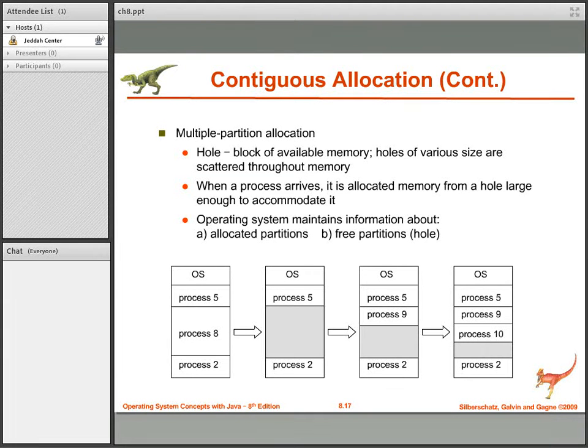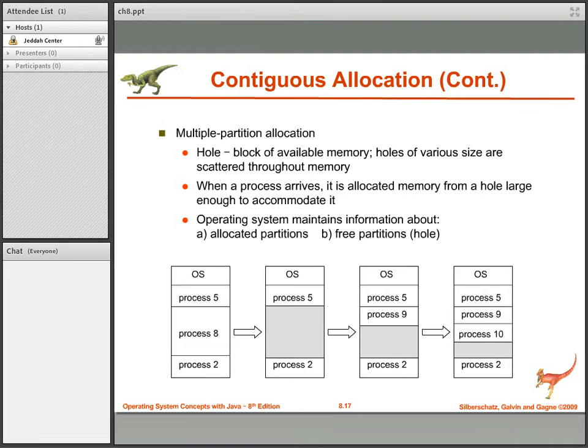Therefore, there has to be a certain type of information that is kept by the operating system, and this is referred to in the allocation of processes in holes.